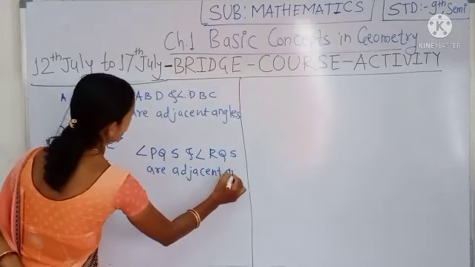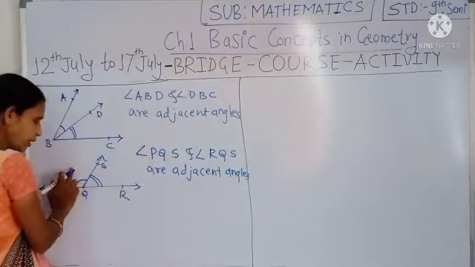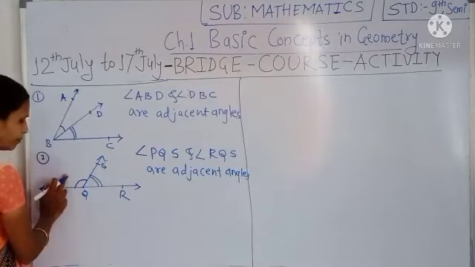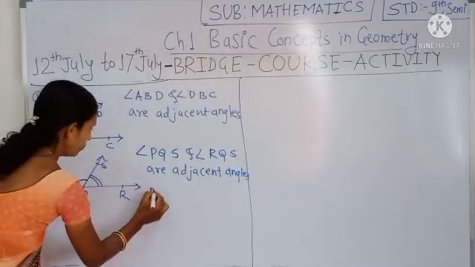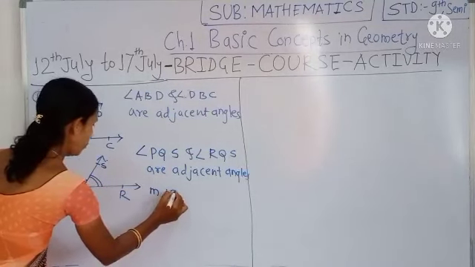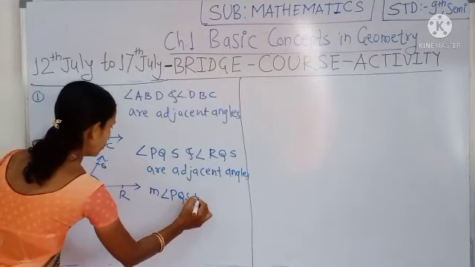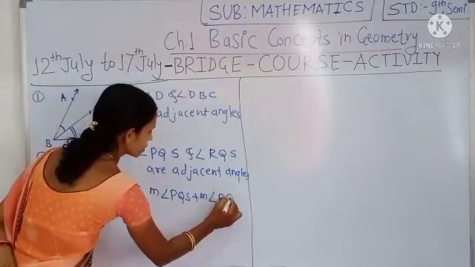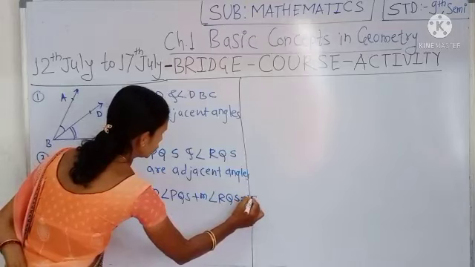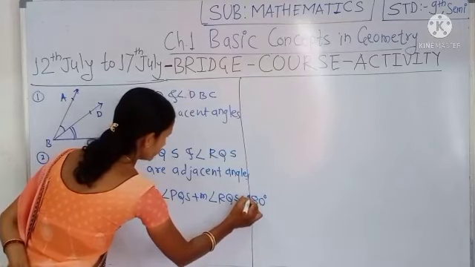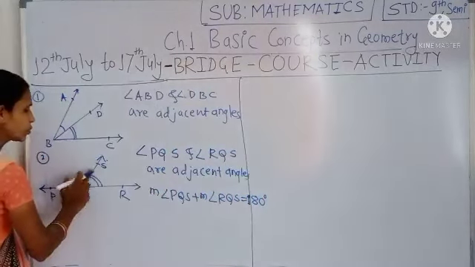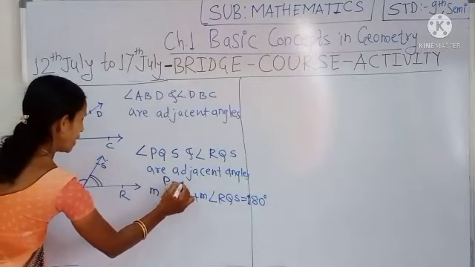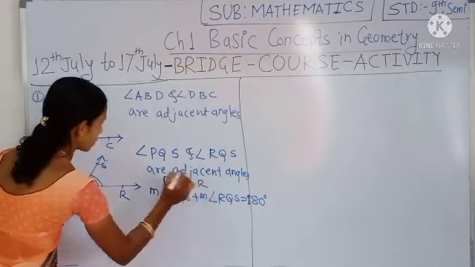But here in the second figure, measure of angle PQS plus measure of angle RQS is equal to 180 degree, because the sum of these two angles is 180 degree, because here P-Q-R is a straight line.